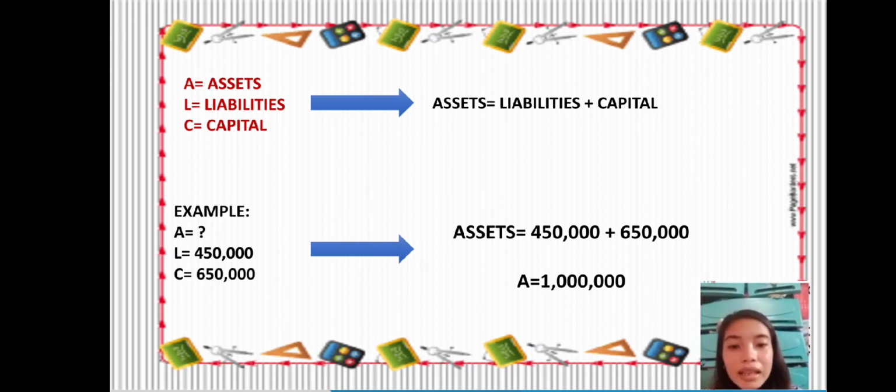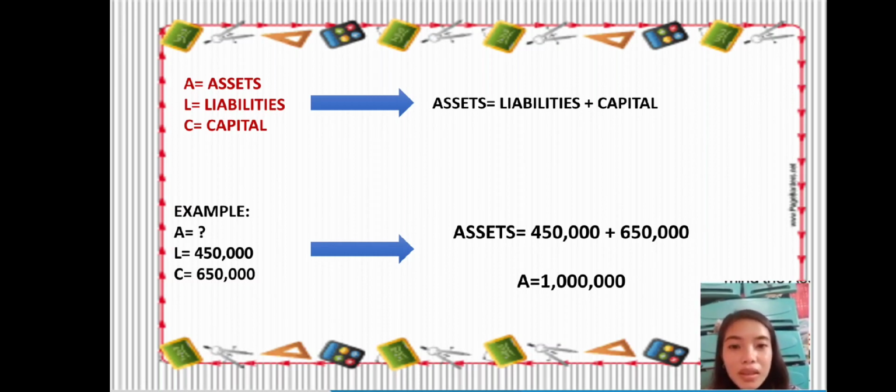The capital is 650,000. So that is also given. So we need to find what is the assets. In a simple equation, we can use assets is equal to liabilities plus capital. So we need to add liabilities plus capital.